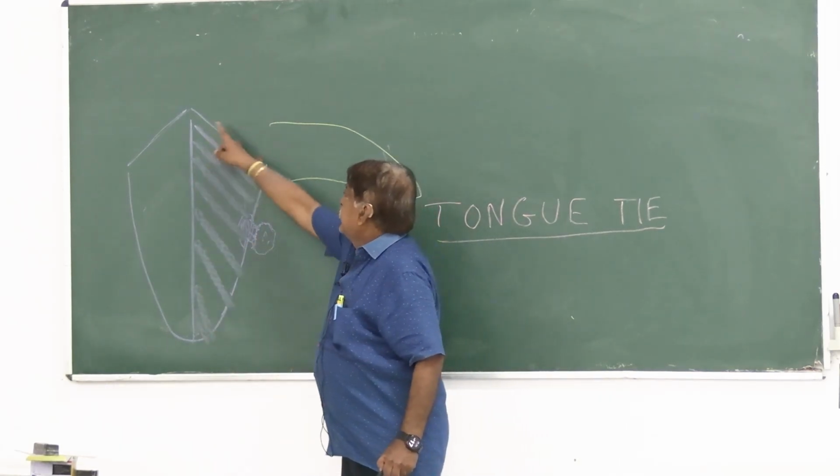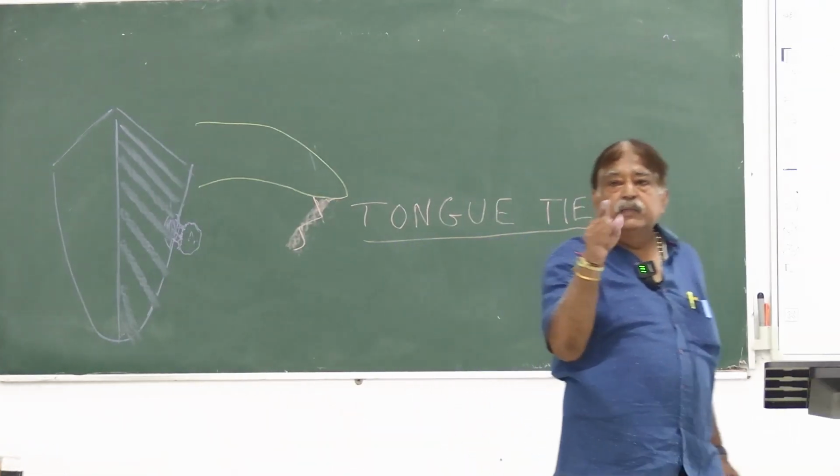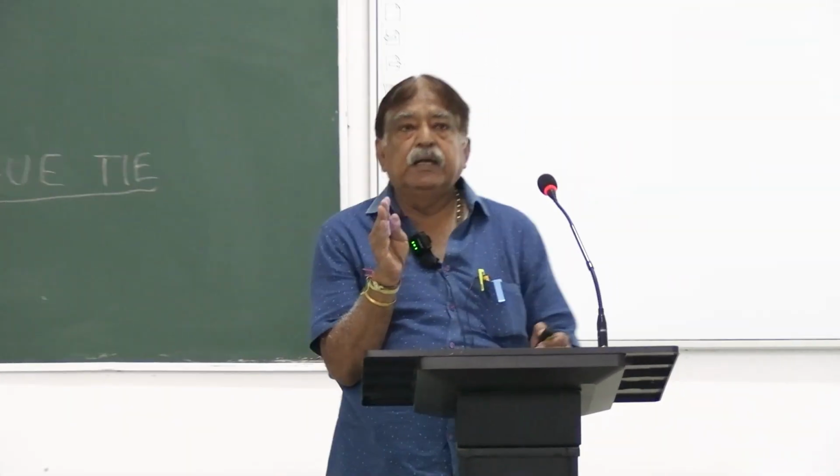This portion can be removed, leaving the portion which is healthy. And also when I show you lymphatic drainage, you can see the submental lymph nodes and all these lymph nodes; you can take an FNAC of these nodes for the ulcer.